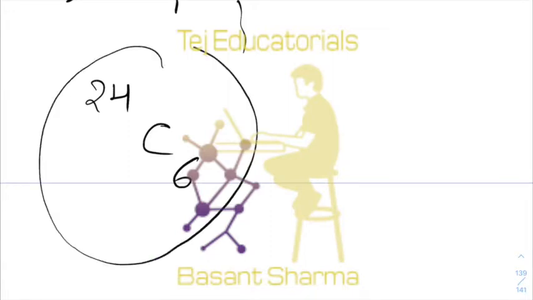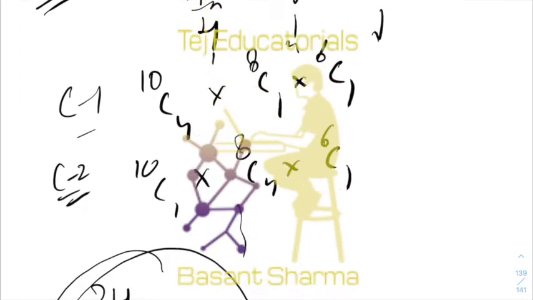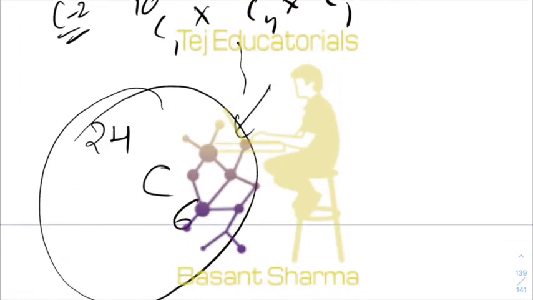Now this 24C6 includes the situation where it matters which one is selected. So which Indian, which Israeli, which American is selected, all those cases are included in this. But these are the total number of cases.